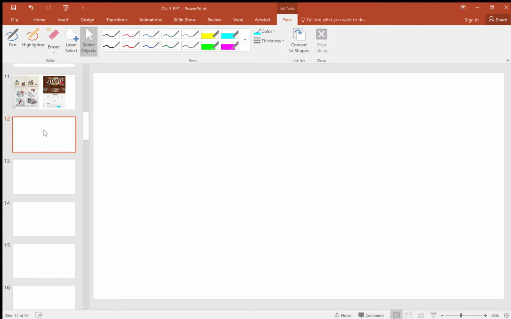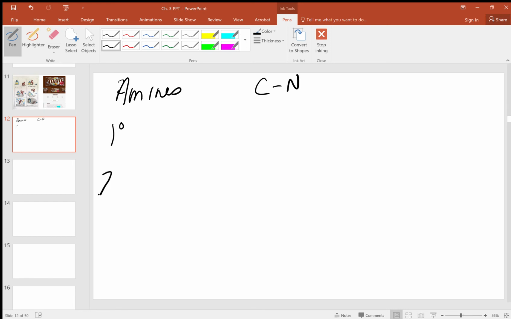All right, we have two other functional groups that go in this sort of general category. We have amines, which are molecules that contain carbon-nitrogen single bonds. We have primary, secondary, and tertiary amines as well. But here the definition is different from what we saw for alcohols.